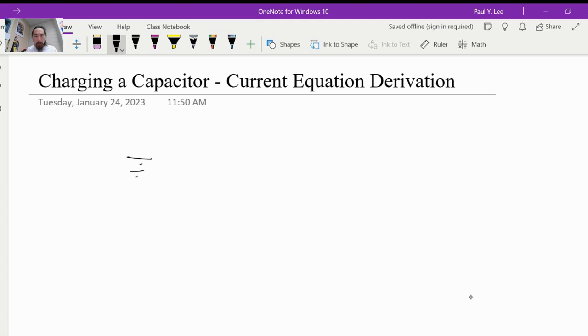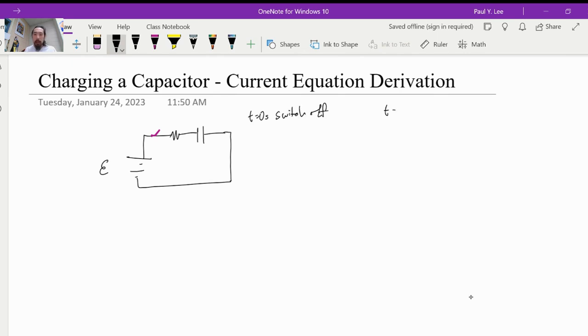We have our EMF source here, and in class I used a light bulb, but it's just a resistor here, and we connected it to a capacitor like so. And we probably put a switch in there, right around here, so that we could turn it on and off. And so at time equals 0, the switch is off.